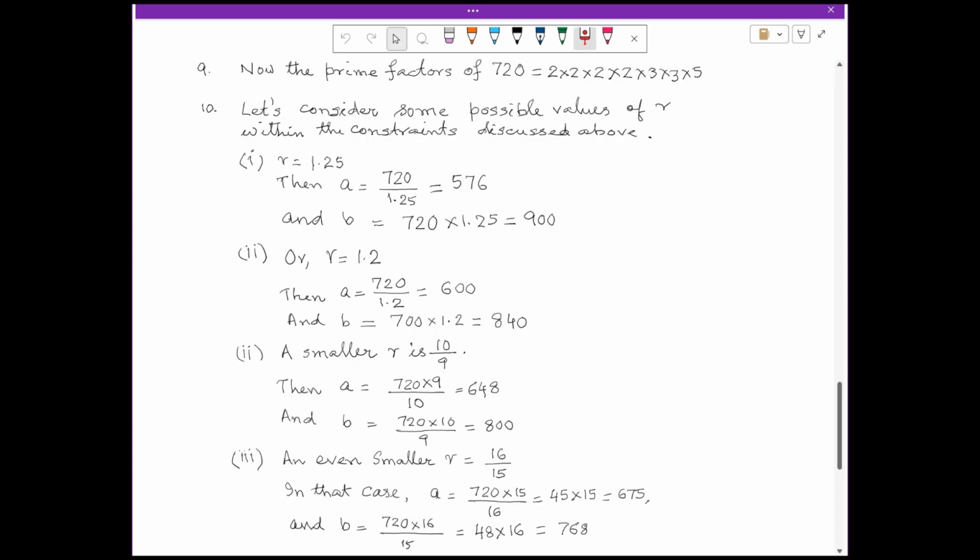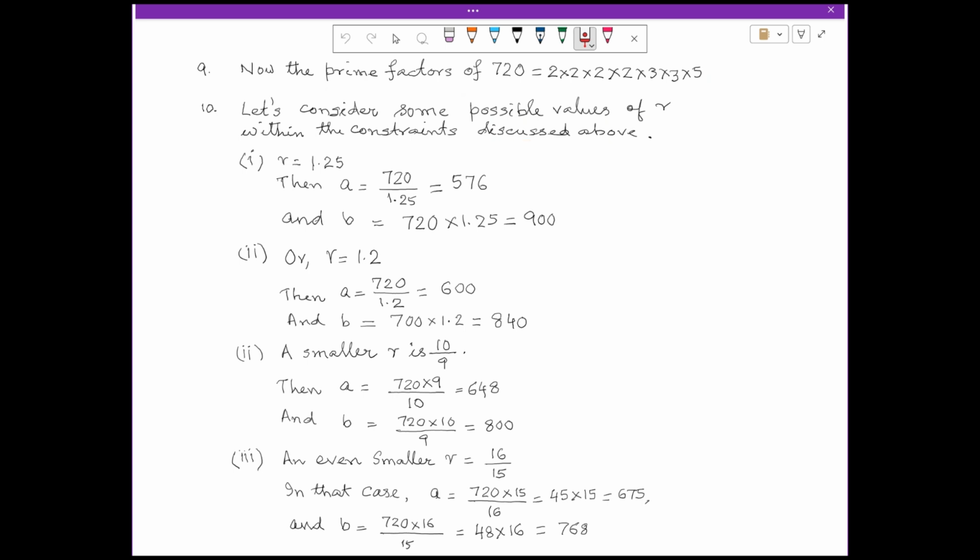Now, the prime factors of 720 are 2 multiplied by 2 four times, 3 multiplied by 3 two times, and 5. Let us consider some possible values of r within the constraints discussed earlier.